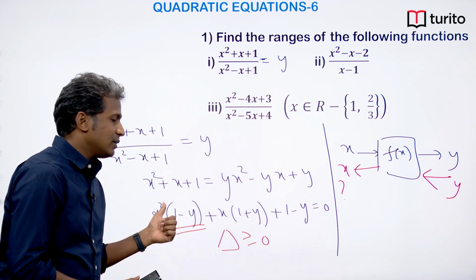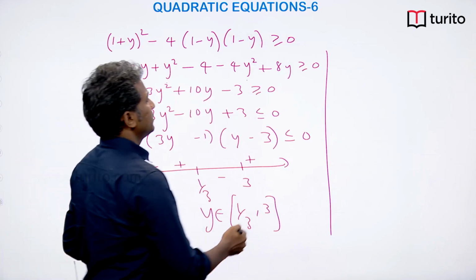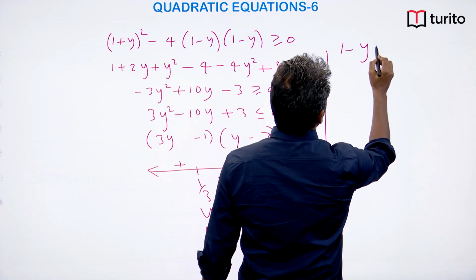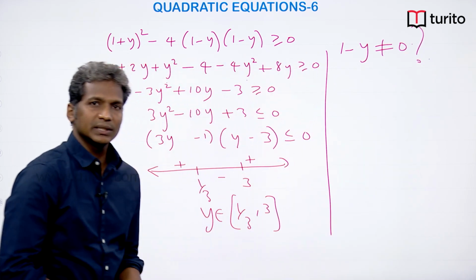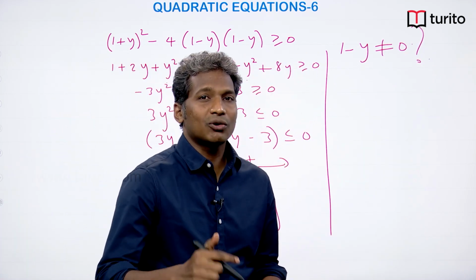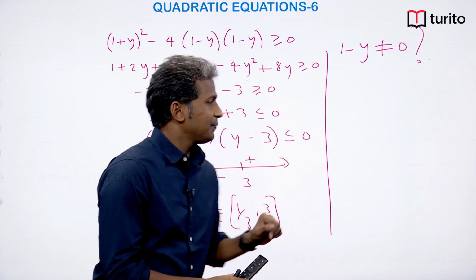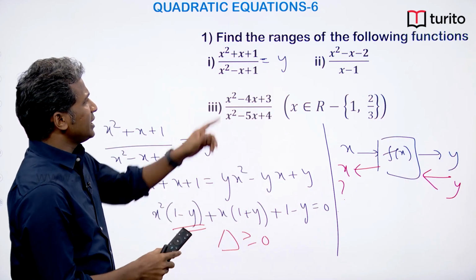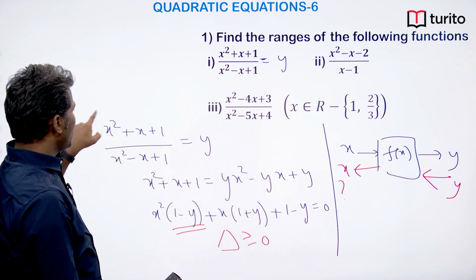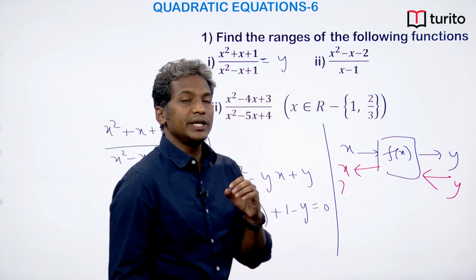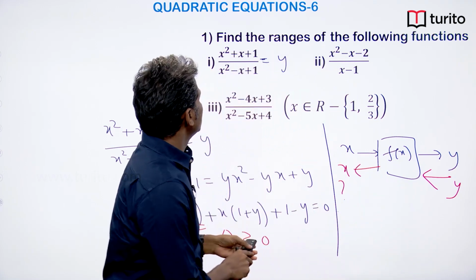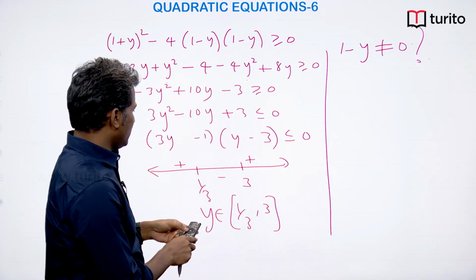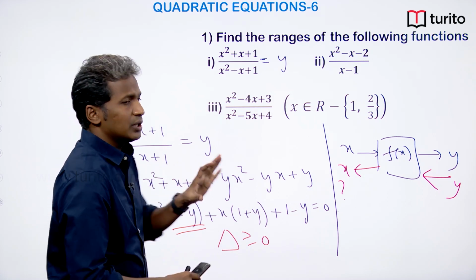So naturally we should be putting a condition that 1 minus y is not equal to 0. We should be putting a condition like this. Yes, do you agree with this? Not so fast. We have to verify if y is equal to 1 or not based on this function. We need to verify that also. If that verification is done, then we can conclude about range.